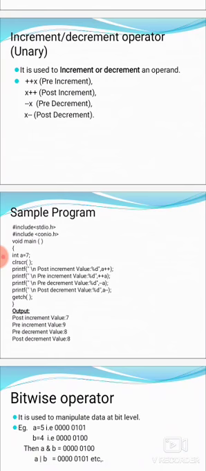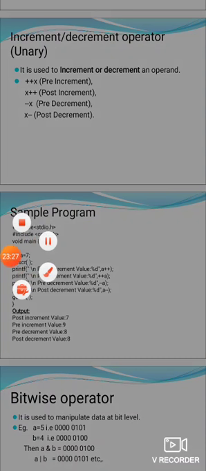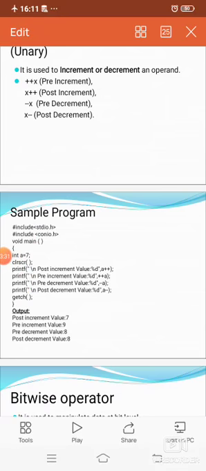Increment and decrement operator. The increment operator has pre-increment or post-increment, and the decrement also has pre-decrement and post-decrement. Here plus plus x is a pre-increment, where it will increment the value and the value will be printed.